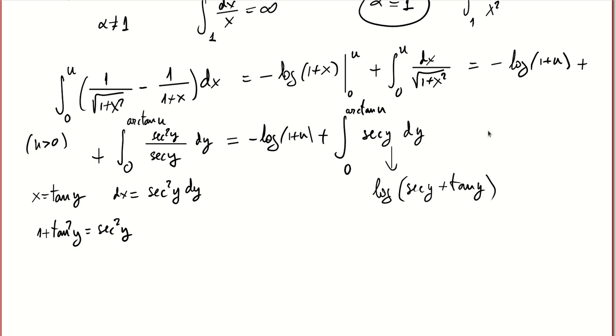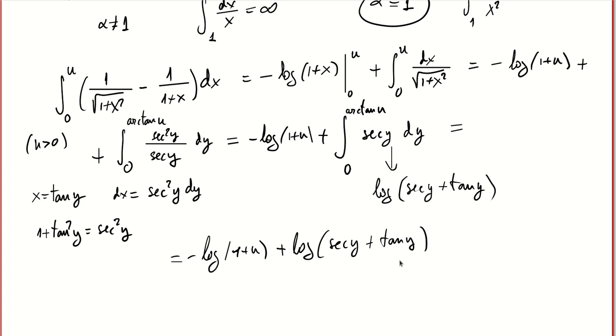Okay, so what we have here is minus the logarithm of 1 plus u plus the logarithm of the secant of y plus the tangent of y. The tangent of y is just x, so we can just write x here. The secant of y, we can infer from here, is the square root of 1 plus x squared, since the tangent is x.